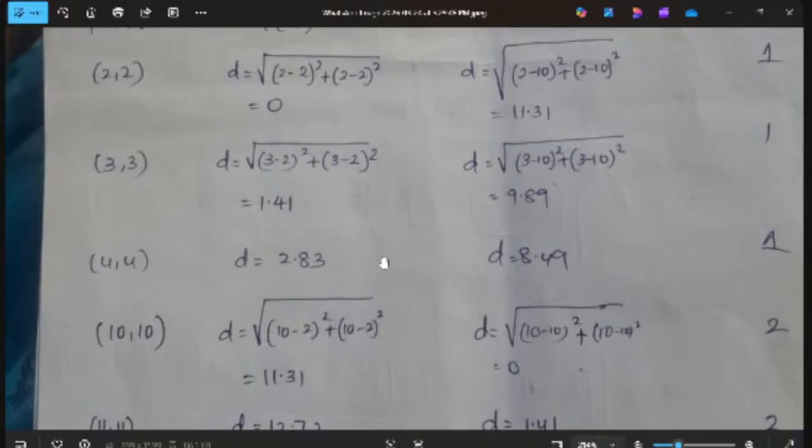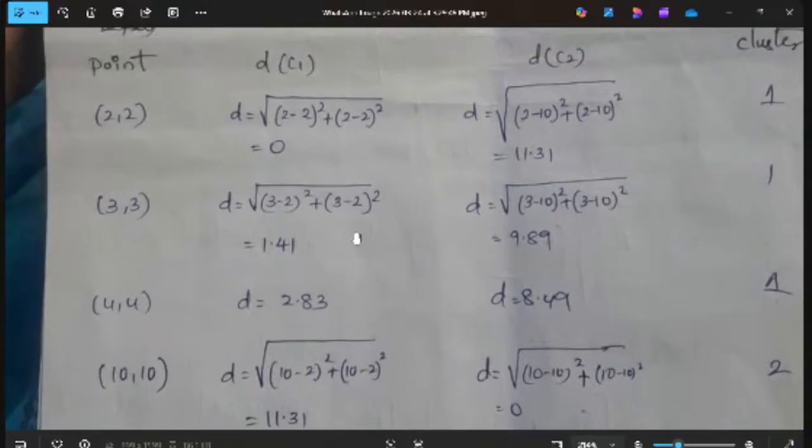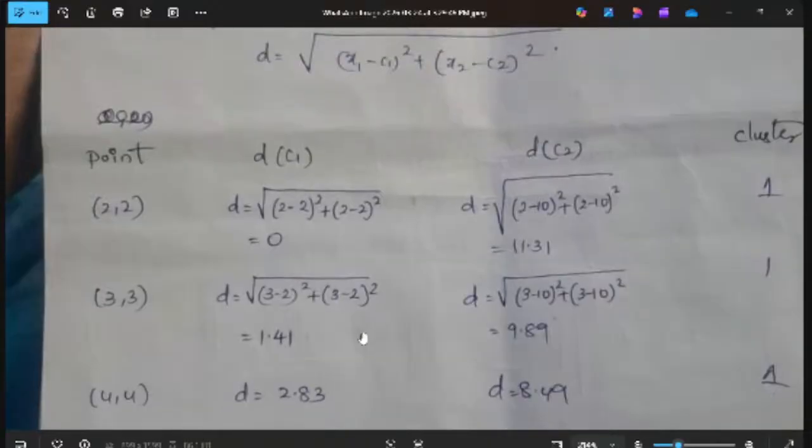Now look at the board. How to form the cluster? Stop writing. How many clusters do we need? 2. Whenever we find the distances, we have to check.